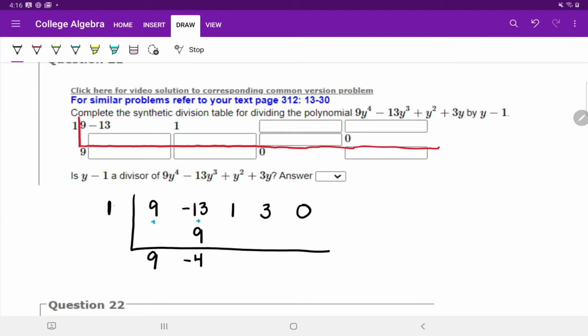Now we multiply 1 times negative 4. Now we add 1 plus negative 4, which will be negative 3. Now we multiply 1 times negative 3. Now we add 3 plus negative 3. Now we multiply 1 times 0. Now we add 0 plus 0, and we're done.